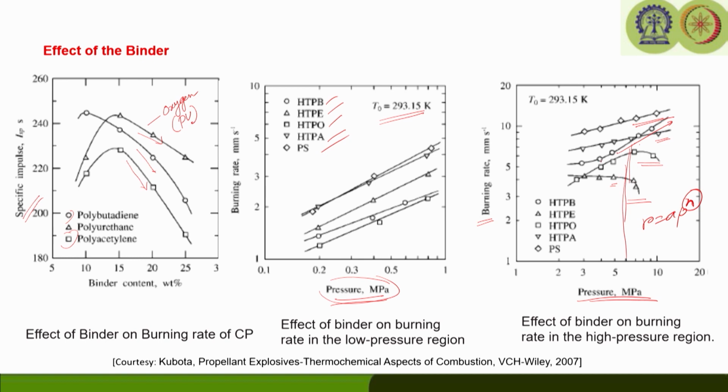For example, HTPB is clearly showing an increasing trend, whereas HTPO and HTPE are showing a decreasing trend, or mesa burning profile, after a certain pressure. That way they change the pressure exponent. So, it is not only going to change the burn rate, but also influence the pressure exponent. We should remember that the binder has a very influential role on the burn rate as well as the pressure exponent.